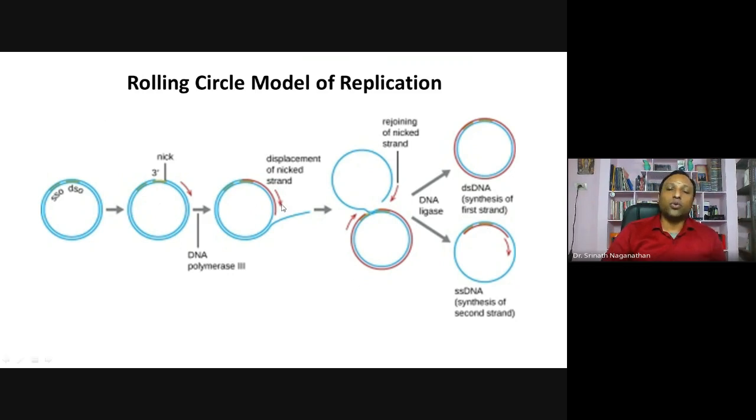So in the rolling circle model, you can see that the nick is formed, then it is being pulled out. By the time it is pulling out, the other strand has started forming with the help of polymerase 3. And then it separates completely. By that time, one of the daughter DNAs is completely done. The other DNA then starts to synthesize the inner strand, and that also completes and forms double-stranded DNA.